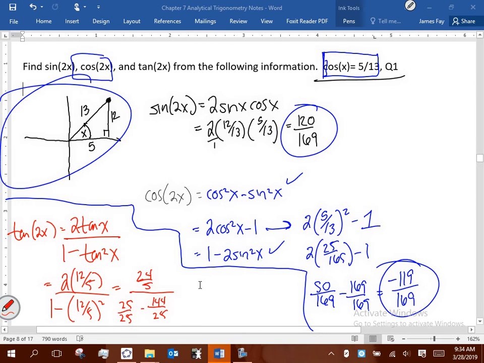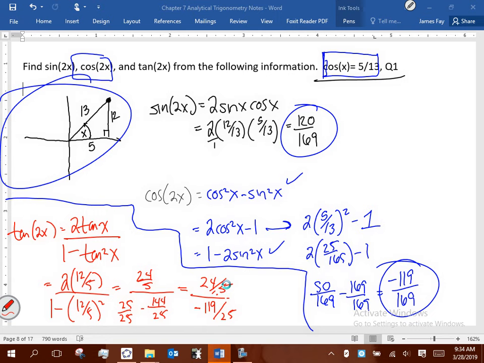24/5 divided by, this turns out to be, what's that going to give me if I subtract 25 and 144? Negative 119 over 25, right? No, sorry. I'm all over the place. I'm sorry. That is 5. Okay. So 24/5 over negative 119 divided by 25.